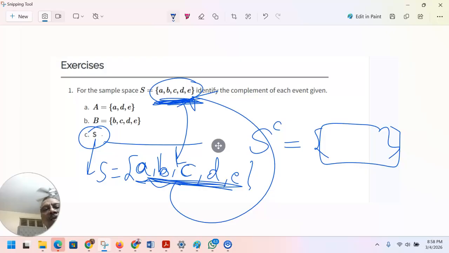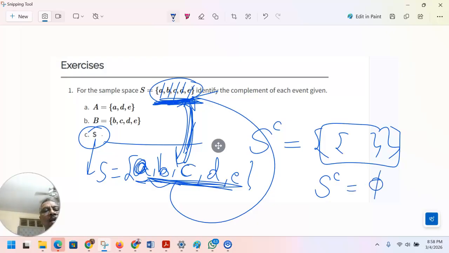So you have to take off A, B, C, D. A is gone, B is gone, C is gone. So there's nothing left. So this outcome is blank. So the complement of C is just blank. That's the understanding.